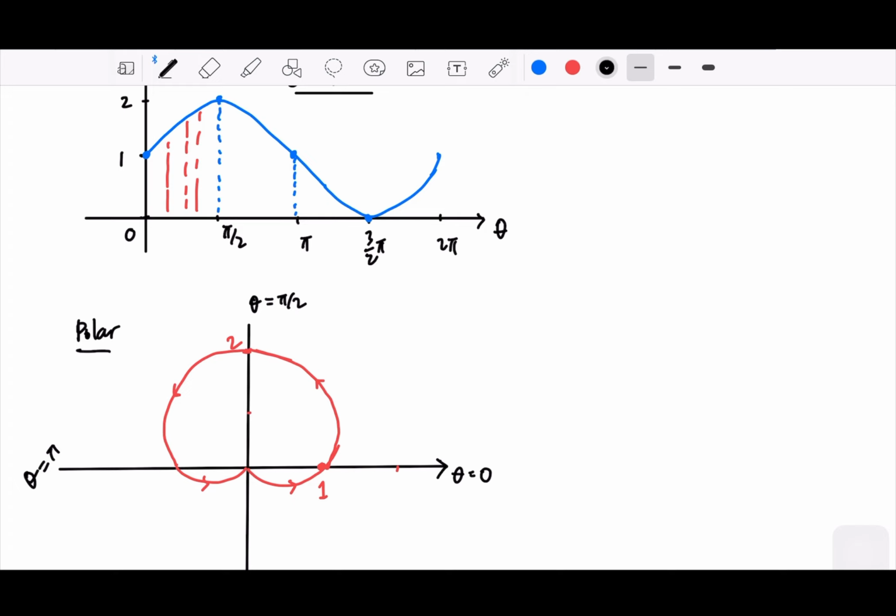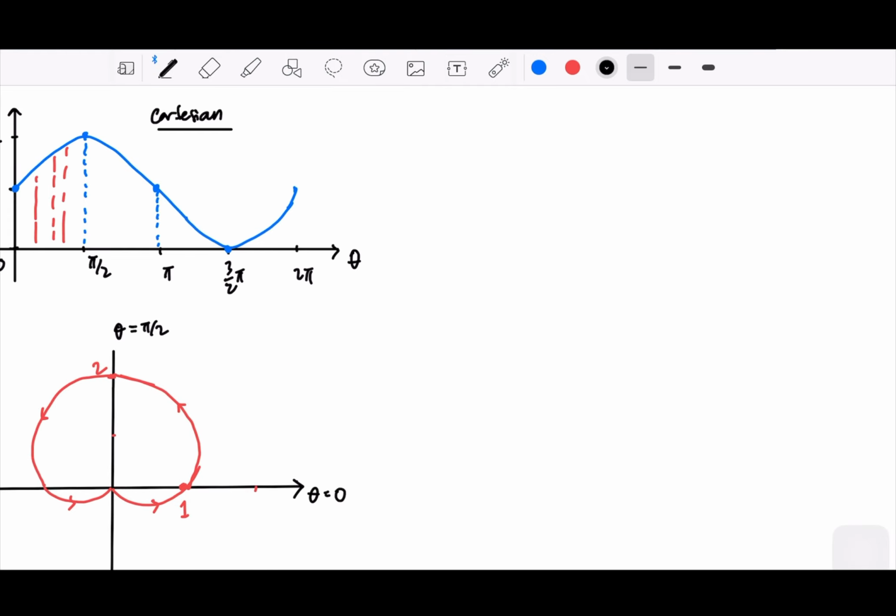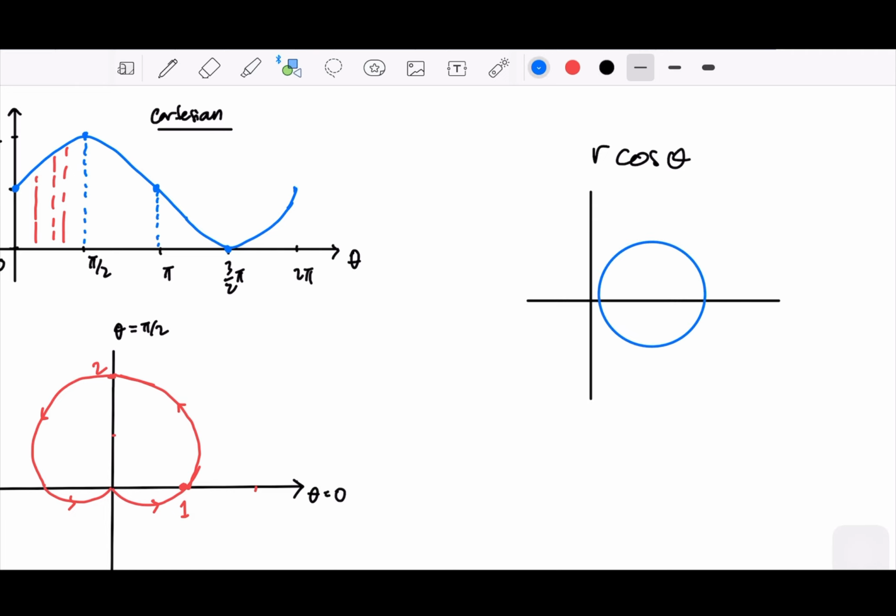I will give you a little bit of a shortcut on how to look at positive and negative values. Okay? So, in the previous polar lesson, we learned about at least the r cosine theta. Right? r can be any constant, 2, 3, 4. We know that the cosine will have a curve like this.